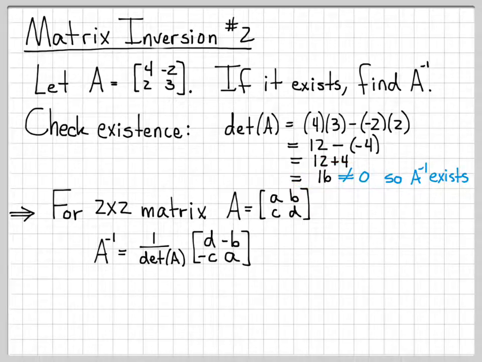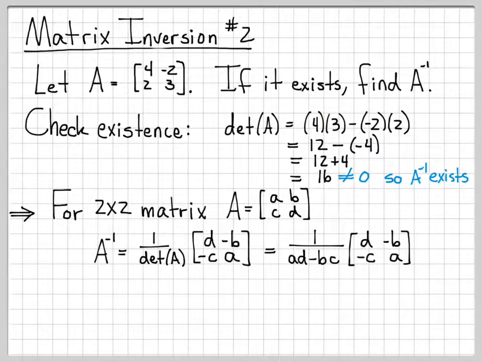So let's go ahead and use this equation now for this specific case of A being the matrix 4, negative 2, 2, 3. So this is equal to 1 over AD minus BC, that's what I computed up here, times the matrix [D, negative B; negative C, A]. So let's go ahead and just plug in all these values. A inverse is 1 over 16, because we already did that computation right here.